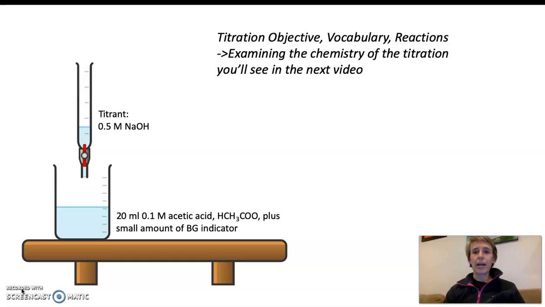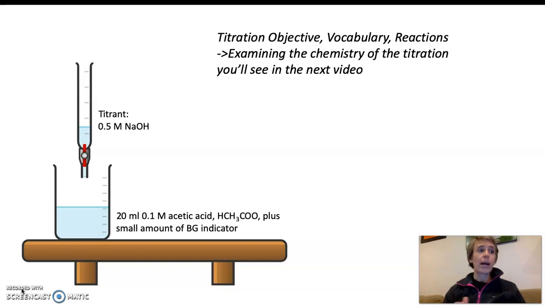And what I mean by that is, you recall how frustrated I got last time when I tried to do this without any buffering. The pH jumped up so quickly when I added sodium hydroxide that it was really hard to see that speciation change from the yellow acidic form of the bromocresol green indicator, the HBG, protonated form, to the deprotonated form.